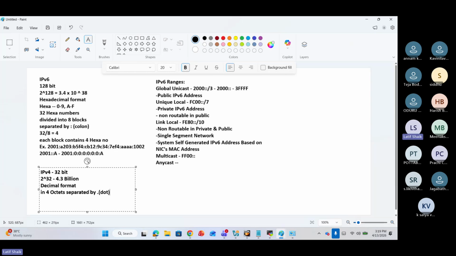Each block contains 4 hexadecimal digits, totally 32 hexadecimal numbers. But here we do not have it like that; we have them separated.